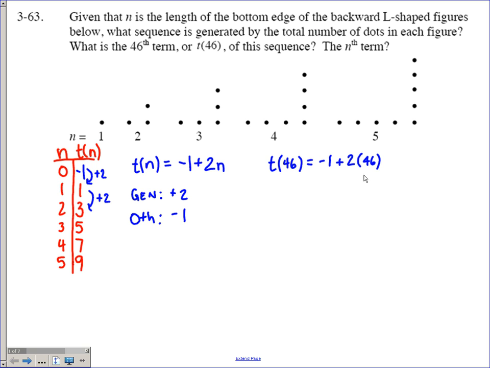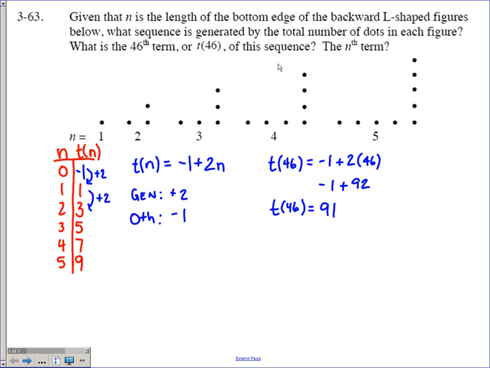Now we simply simplify it down. Use your order of operations. 2 times 46 gives us 92. So we have negative 1 plus 92, and when we add them, we get 91. So our 46th term in this sequence should be 91.